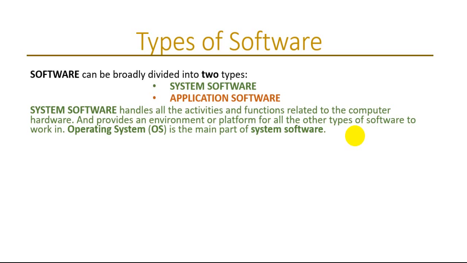So it knows all the instructions because this is the lowest level that you can find. It's closer to the hardware. Okay, so that's why I said system software handles all activities and functions related to the computer hardware, and that is one thing, and it provides an environment or platform for all other types of software to work.